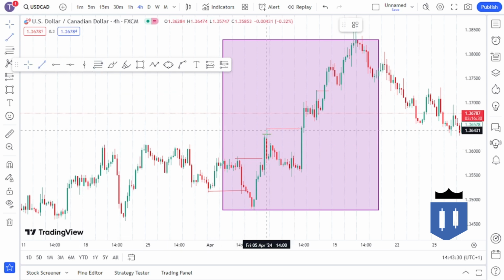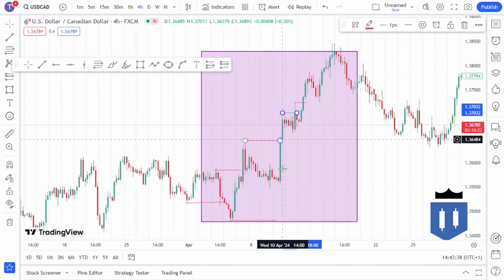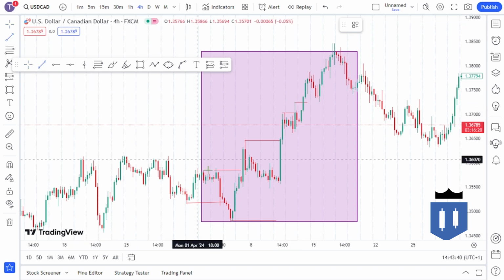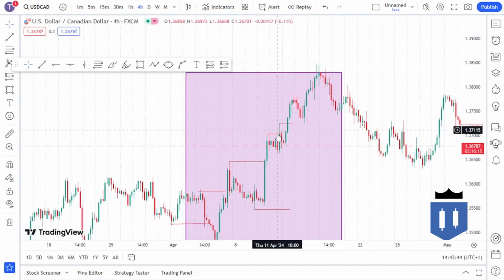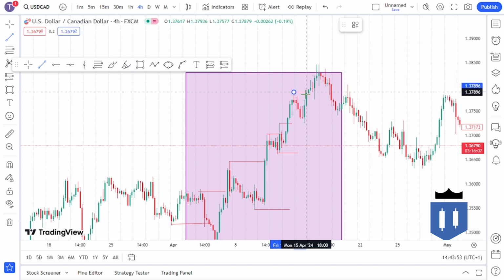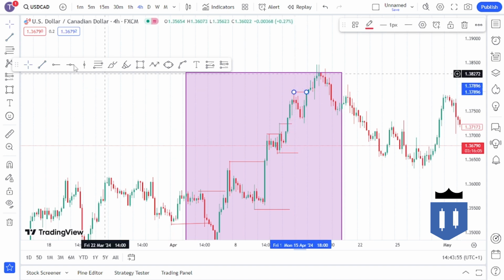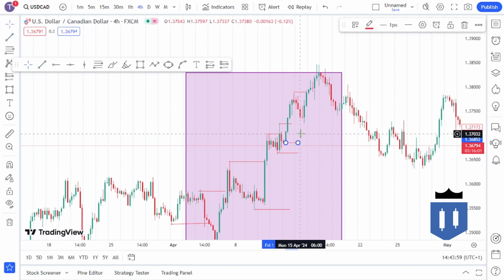If we trace it down, this is the low that caused it. If we mark this high, where is the low that caused it? If we trace it down, this is the low that caused it. If we mark this high, we find out this is the low that caused it.